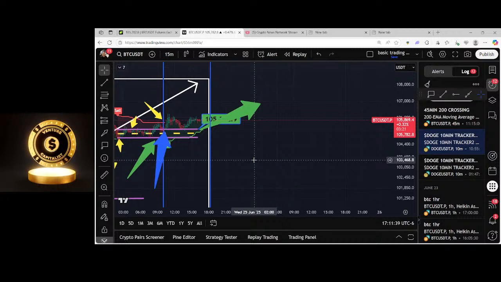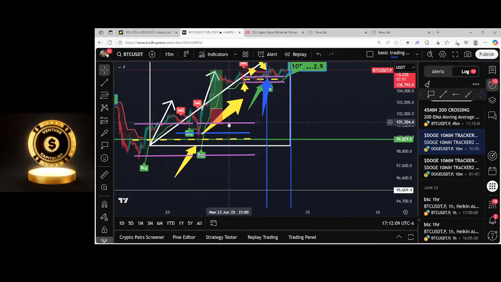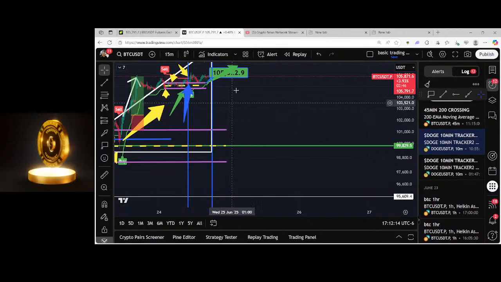So what happens is once you realize that there's no money coming into Bitcoin, you have to realize the people that are holding Bitcoin are eventually going to realize that there's no more money coming in or enough volume to move Bitcoin, that they're going to have to sell Bitcoin in order to create a lower level, probably down in this area here, this next support zone, back down to 101 or something.